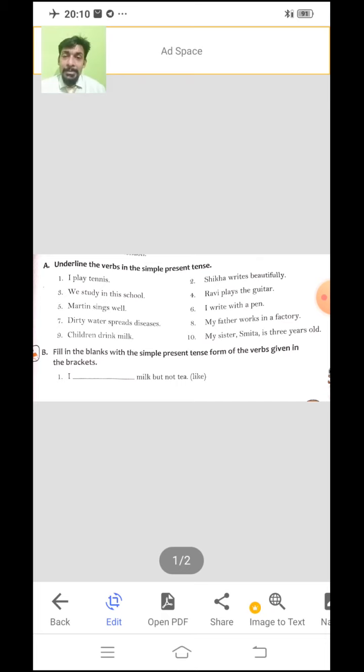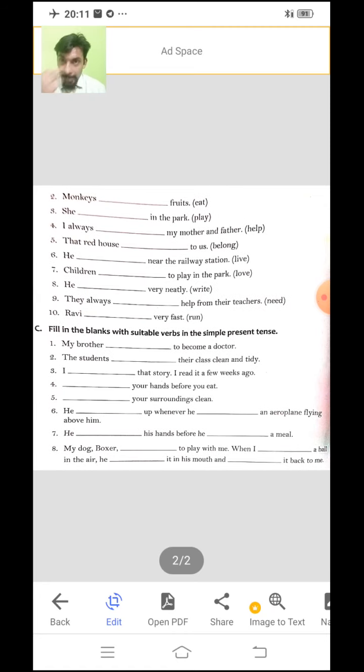Now all these concepts will be carried forward in exercise B and C. So let's start. Fill in the blanks with the simple present tense form of the verbs given in the brackets. I like milk but not tea. In number 2, monkeys eat fruits. In number 3, she plays in the park.